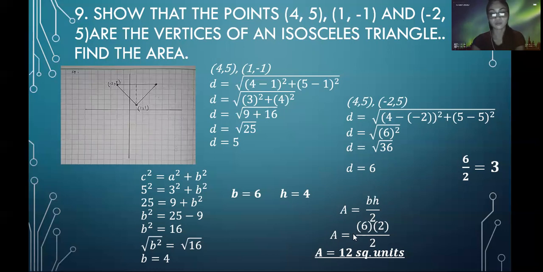So A is equal to B, which is positive 6, then H is positive 4.